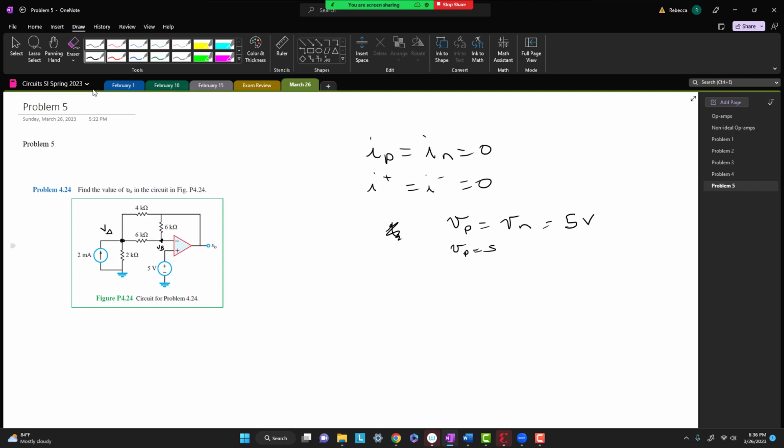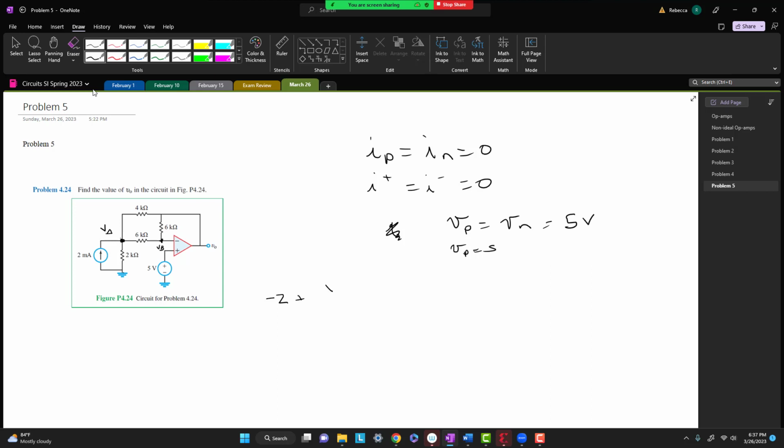So my nodal analysis for VA, coming in, I have -2. And then I take my voltage at VA minus my voltage at the other end of the resistor over the resistance, and I'm going to add all those up, and those sum to 0.